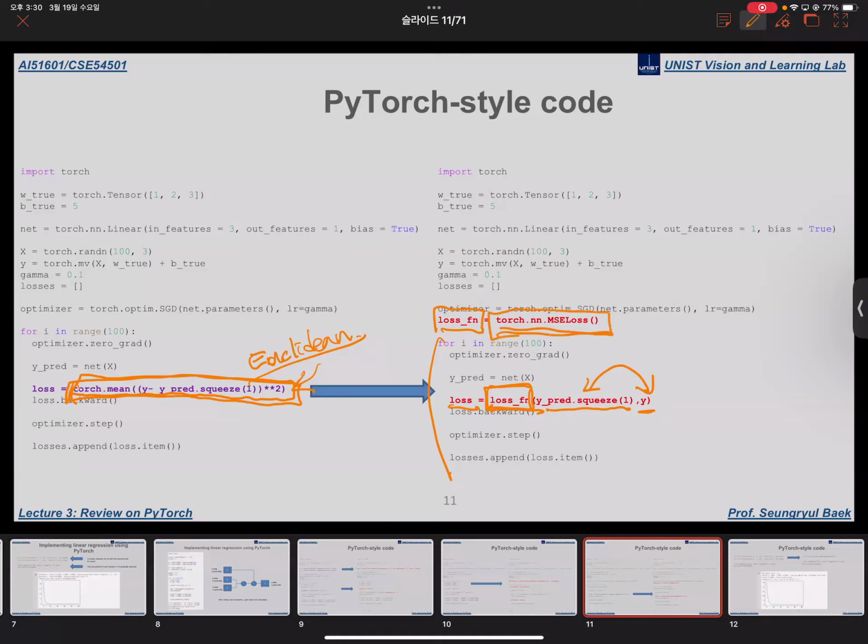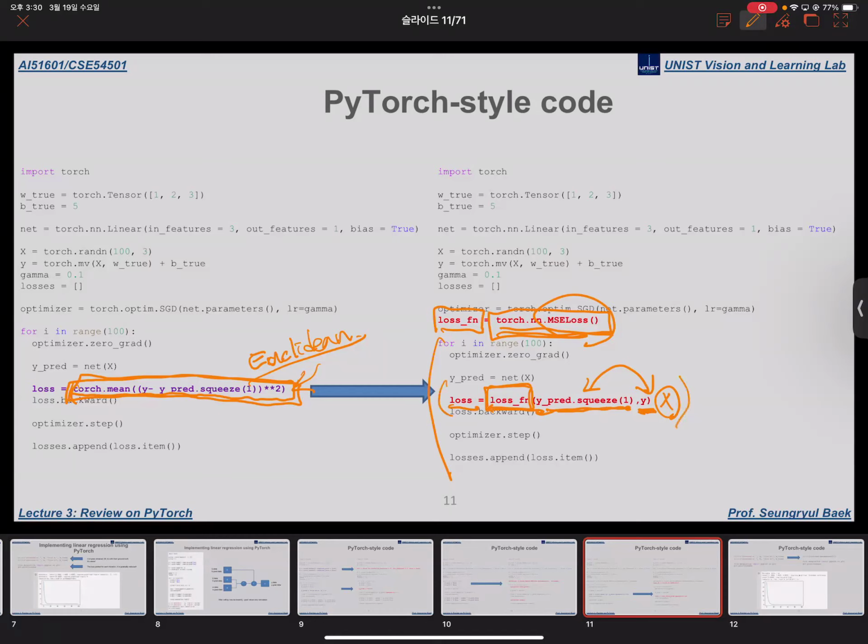There could be a lot of different loss functions other than the Euclidean loss, and you can just change these functions. Okay, and then afterwards you don't have to change this part. Okay, every loss function, their method could be different, but they are calculating the distance between these two arguments, which is prediction and ground truth, using different methods.